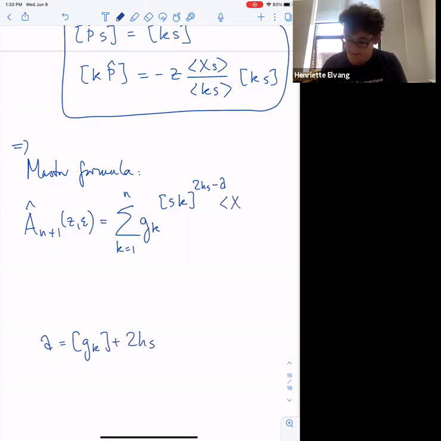Then there's an angle bracket xs to the 1 minus a. Then there's my shifted z-dependent n particle amplitude that just came along to the right.